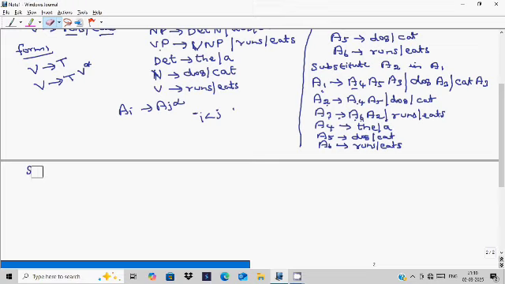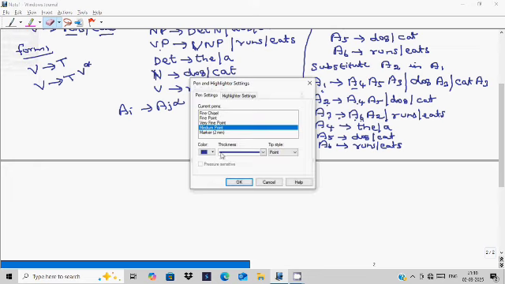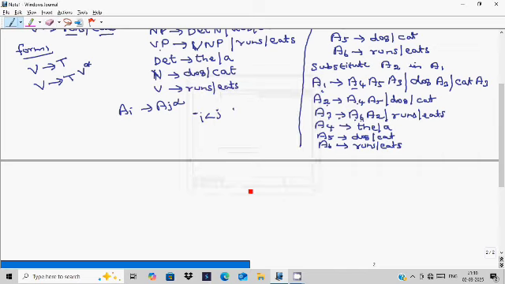Now we will substitute A4 in A1. And similarly, when you take up the second production also, we have the first element as A4. So A4 can also be replaced here. So substitute A4 in A1 and A2.